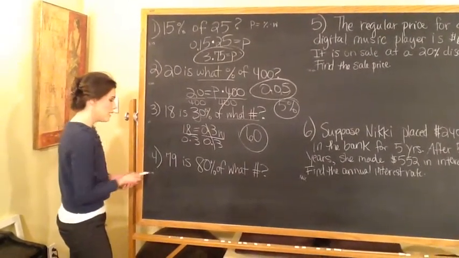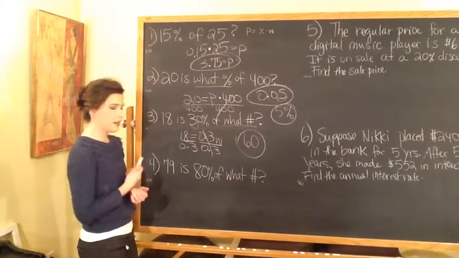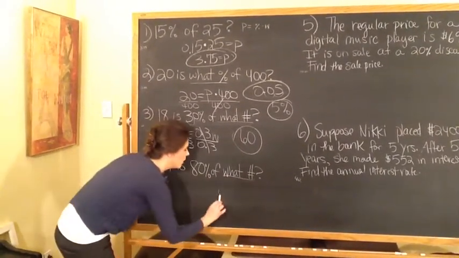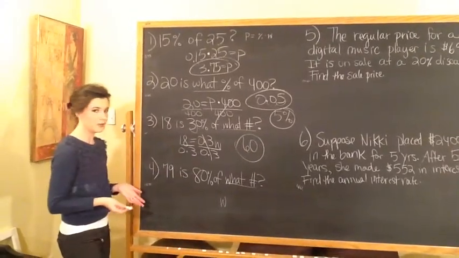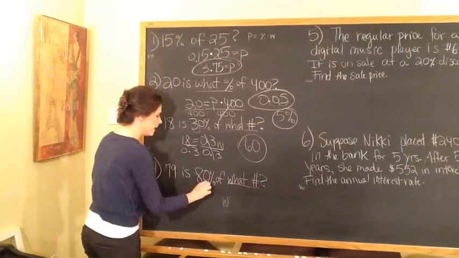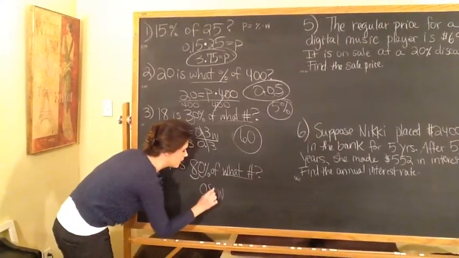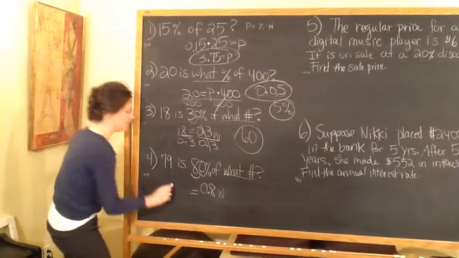Alright, number 4. 79 is 80% of what number? So first of all, I see of what number, so I know that my whole is just our variable because we don't know what it is. And 80%, I'm going to go ahead and move my decimal 2 places to the left. I'm going to get 0.8 w equals 79.